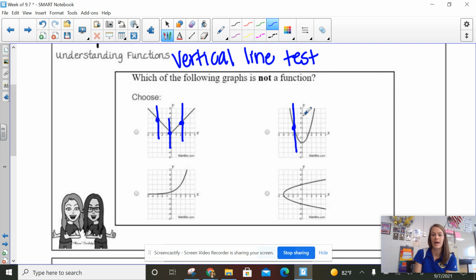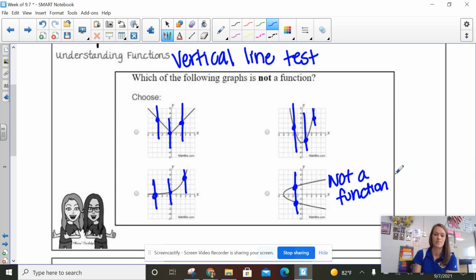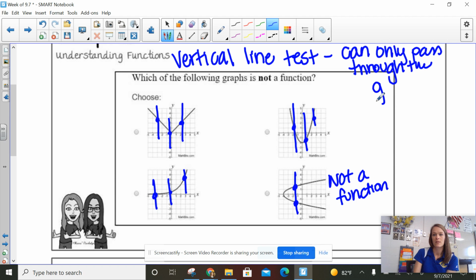I can draw it here, it passes, here, it passes, here, passes. Same thing here. I can draw as many vertical lines as I want to. It only passes the graph once. But once I get here and draw a vertical line, it passes the graph twice. So that would make this one not a function. So it can only pass through the graph once.